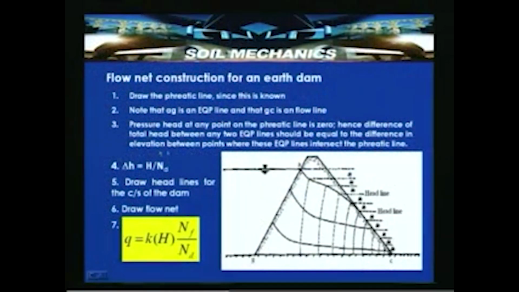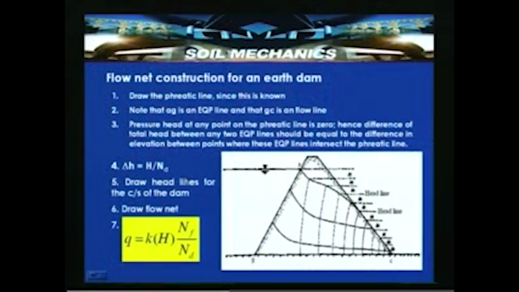As the pressure head at these points is 0 along the equipotential line, the difference in elevation between points where the equipotential lines intersect the phreatic line can be taken as potential drops. So, delta H is equal to H by ND, where ND is the number of potential drops.